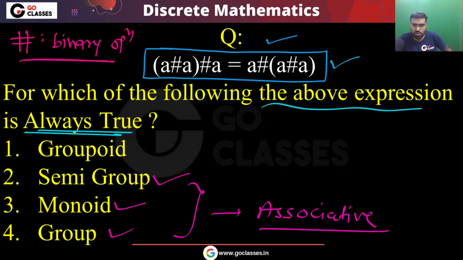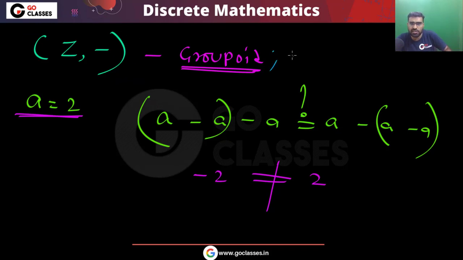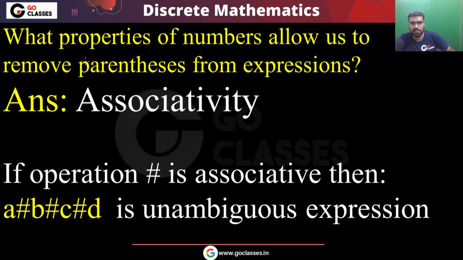For example, this is a groupoid but not a semigroup, because subtraction is not associative. So the answer will be 2, 3, 4. This is the final conclusion.